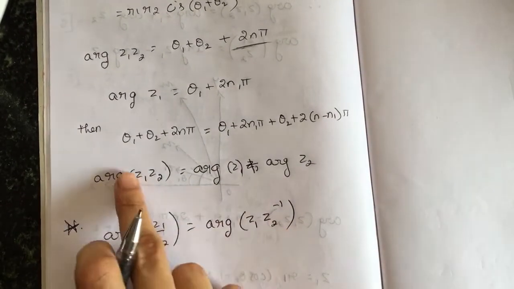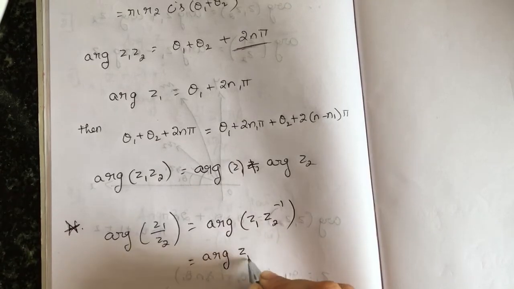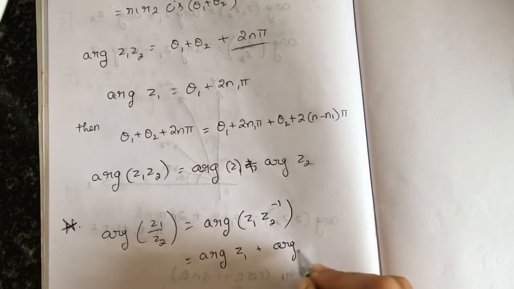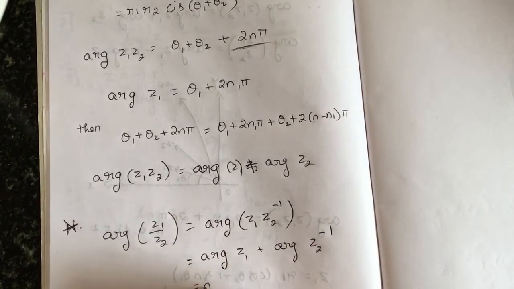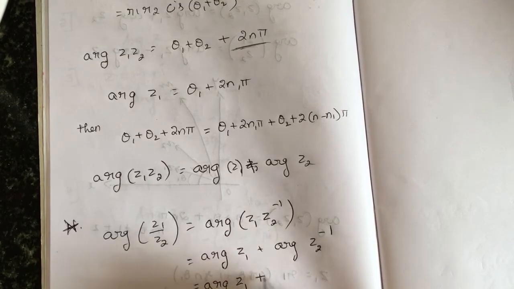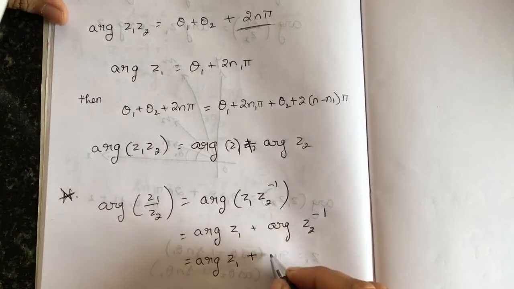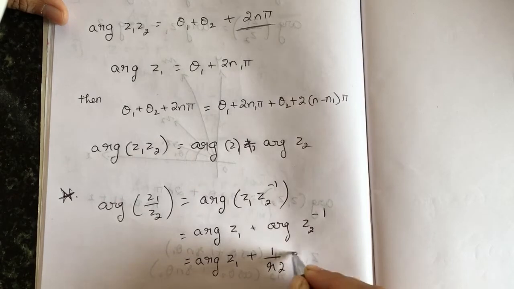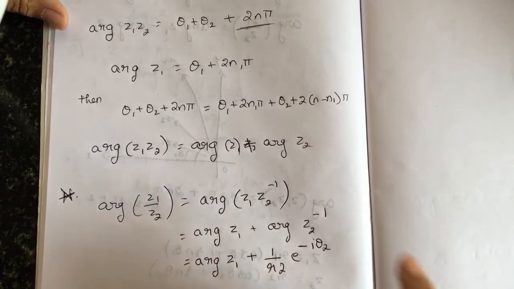So depending on this, I'm rewriting this as argument of z1 plus argument of z2 inverse. Argument of z1 plus argument of z2 inverse, where z2 inverse is nothing but, no, it's 1 by r2 into e power minus i theta 2.